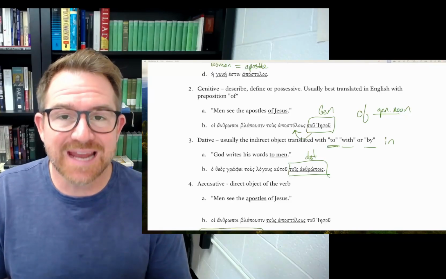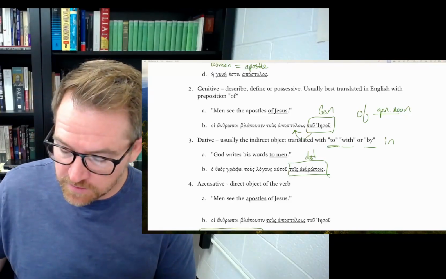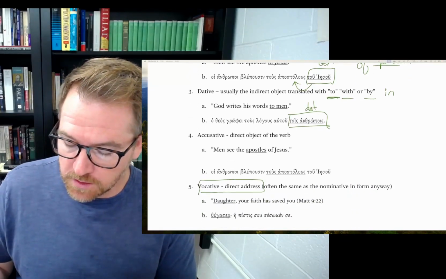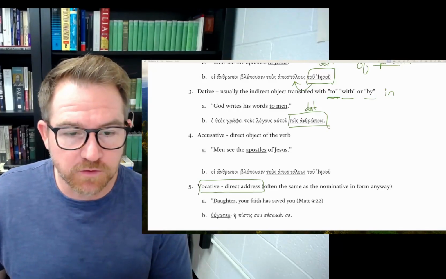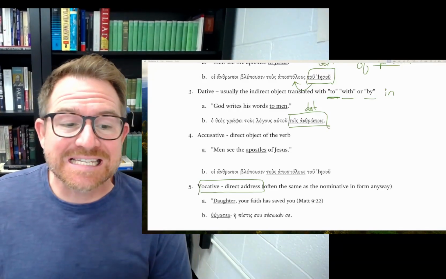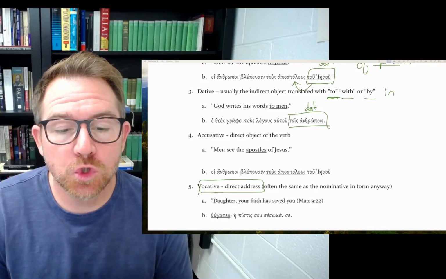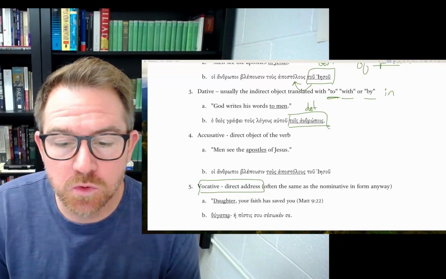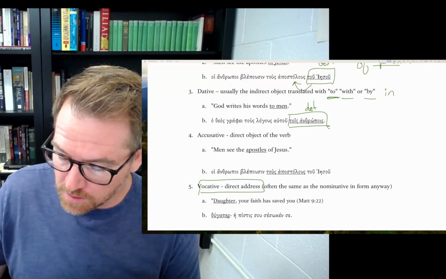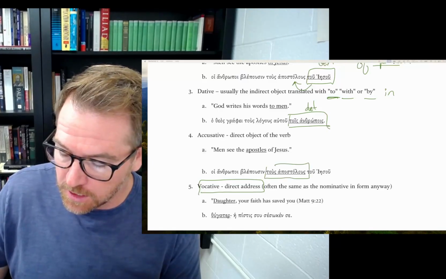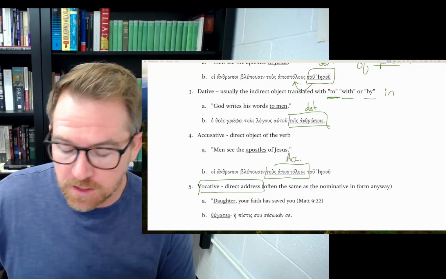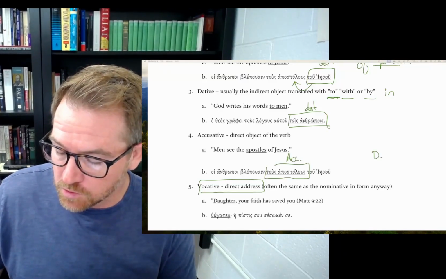That's the dative case. The accusative case is going to be the direct object of the verb. So, men see the apostles of Jesus, hoi anthropoi blepusin tous apostolus tu Jesu. The tous apostolus is in the accusative case, and the accusative is going to be the direct object.